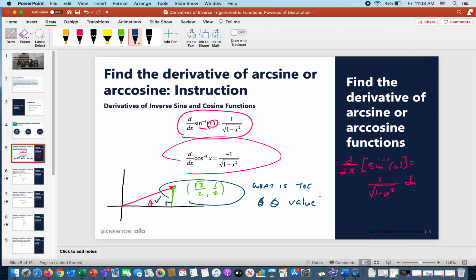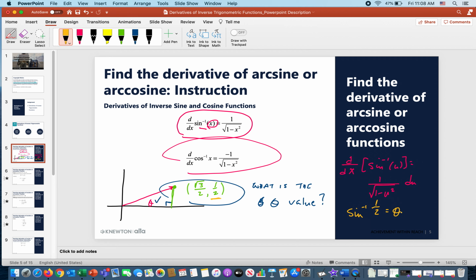The question I would be asking you is this: what is the inverse sine of 1/2? Okay, so the inverse sine of 1/2. The reason I chose this is because the y value right here is 1/2, and I know that sine is the y value from the unit circle.